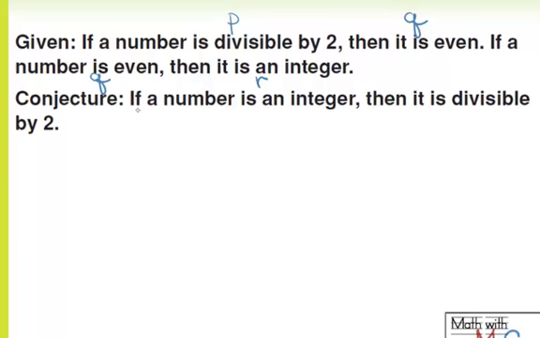Let's see if it says that. If a number is an integer, then it is divisible by 2. This is R implies P, which is an invalid use of the law of syllogism.